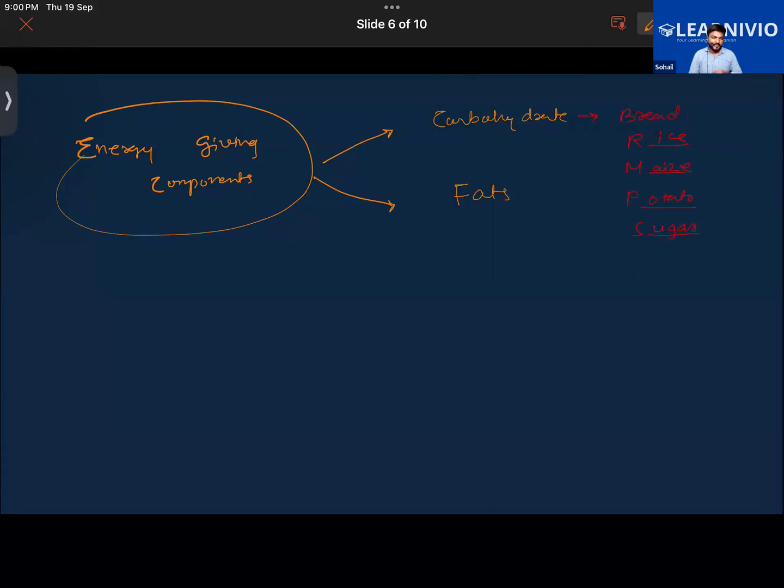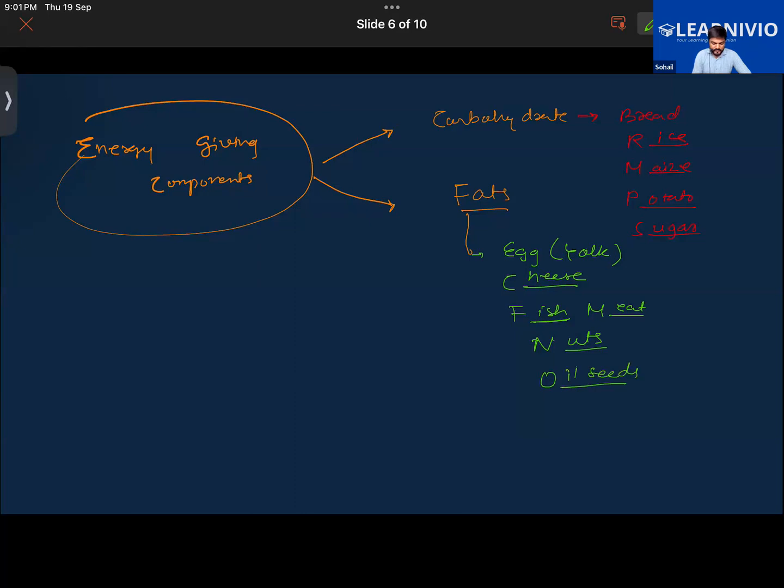Okay, what about fat? We do get fat from eggs, specifically the yolk of the egg, and cheese, fish, meat, and different types of nuts, oil seeds.